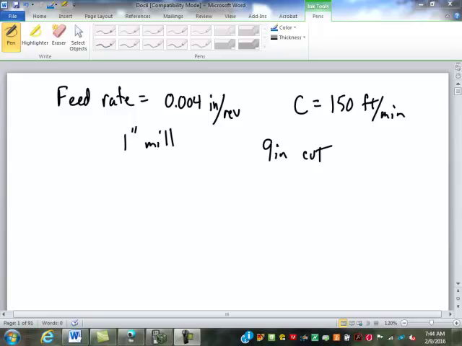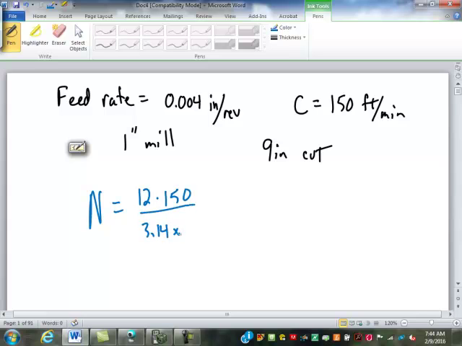So tell me where to start. RPMs. How do I find RPMs? Times 1 inch, yep. So what's that come out to be? 57.29, so 57 RPM.